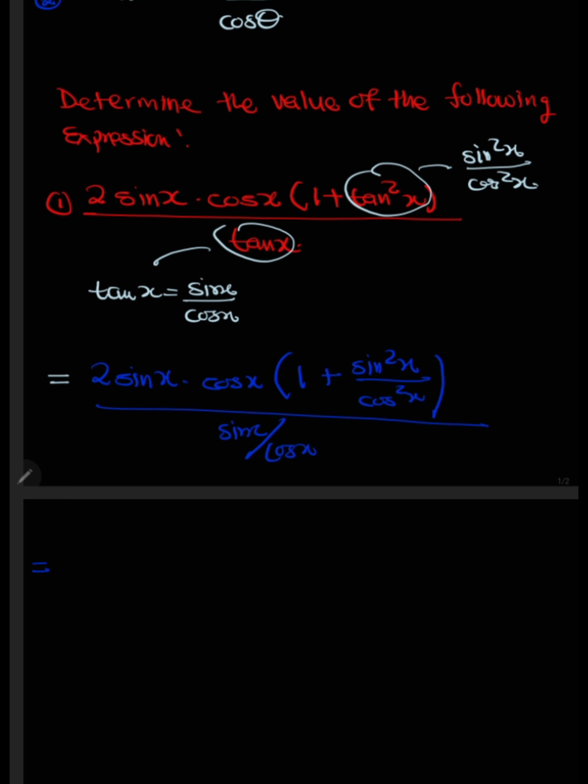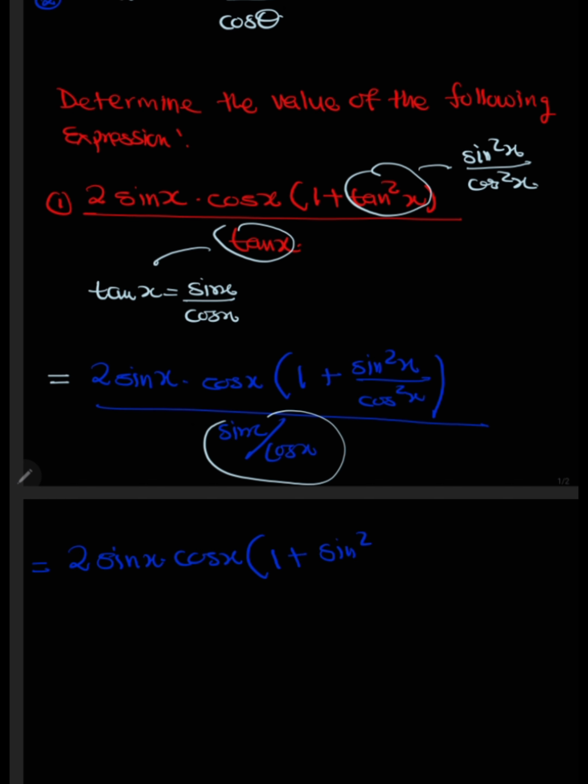What do we do from here? Okay, we need to get rid of this fraction. Remember from earlier grades, you were taught to deal with this. If you don't remember, watch one of my previous videos.